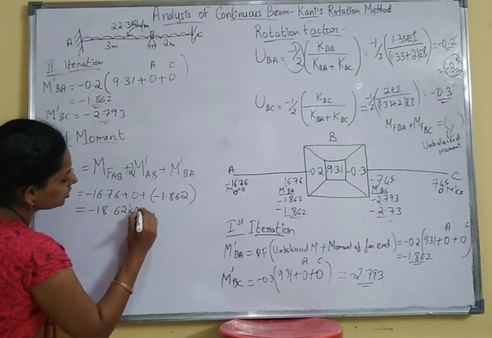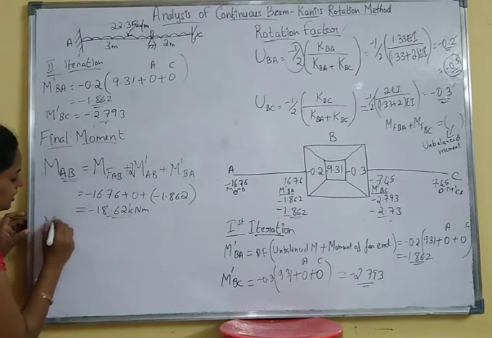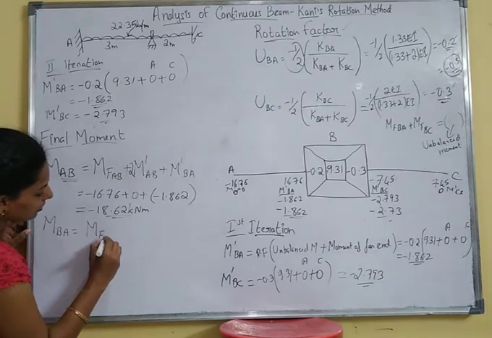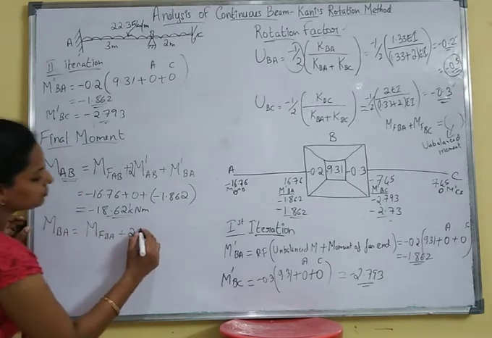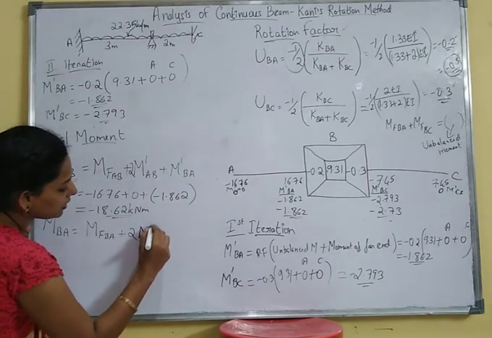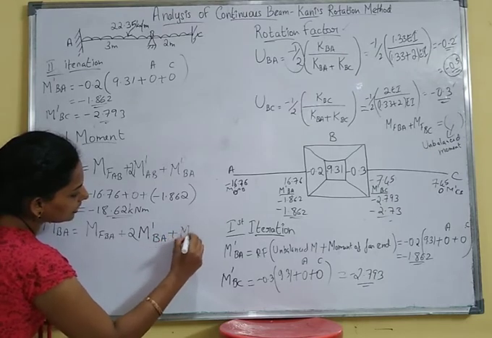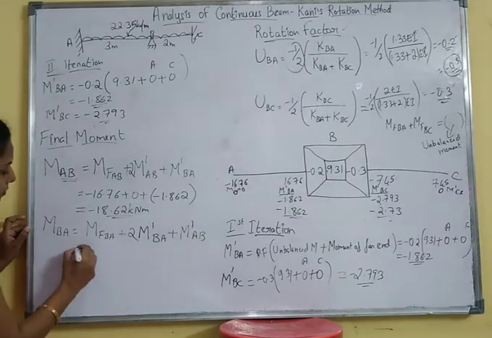minus 18.62 kilonewton meter. Similarly, MBA, you have MF BA plus 2 times m dash BA plus 1 time m dash AB.